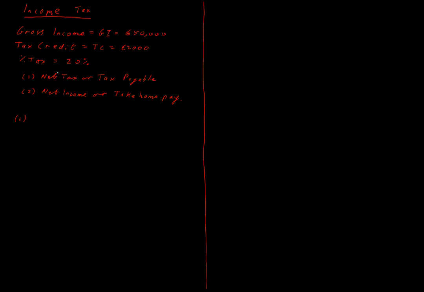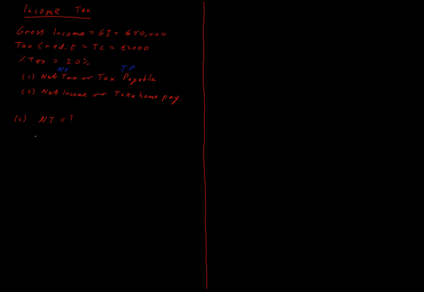And net tax, sensibly enough, we might call NT, or tax payable we might call TP. And again, we don't want to have to keep writing big words. So we're going to abbreviate. We're going to use letters instead so we don't have to write so much English. So I'm going to call it net tax. We're looking for the net tax, which is the amount of tax we're going to have to pay.